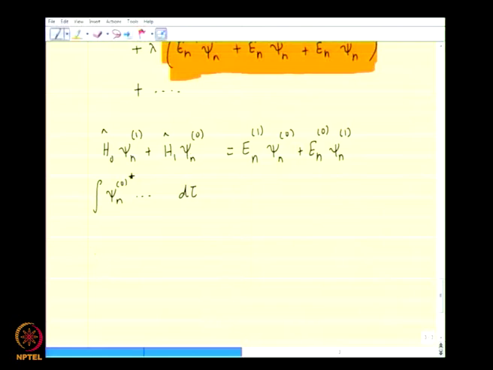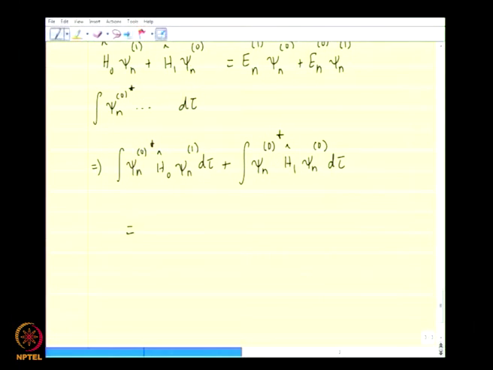So if we do that, we have the equation, namely integral psi n0 star H0 psi n1 d tau plus integral psi n0 star H1 psi n0 d tau, that is equal to integral En1 psi n0 star psi n0 d tau plus integral En0, which is a constant, times psi n0 star psi n1 d tau.